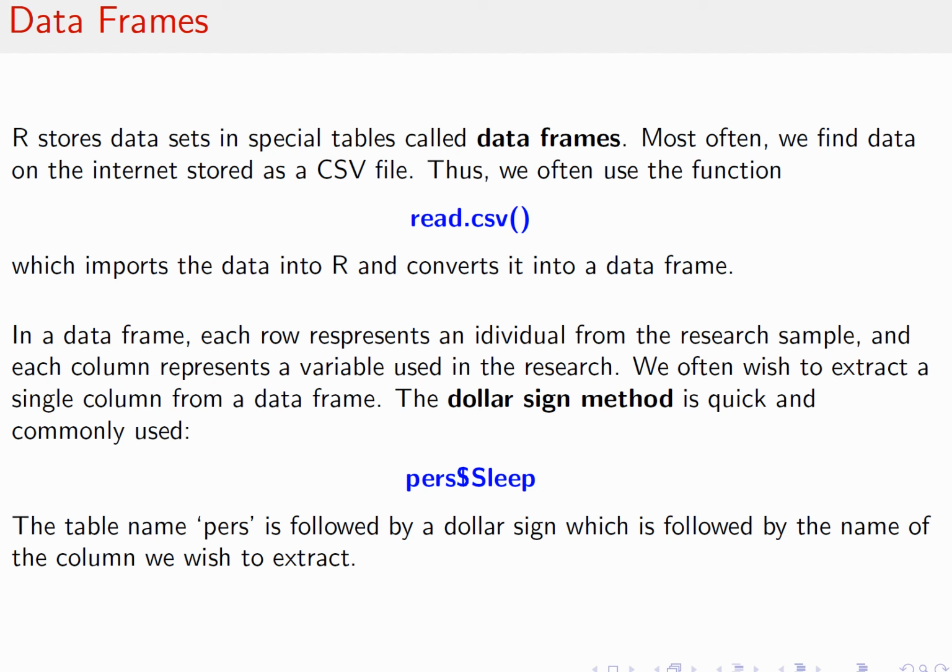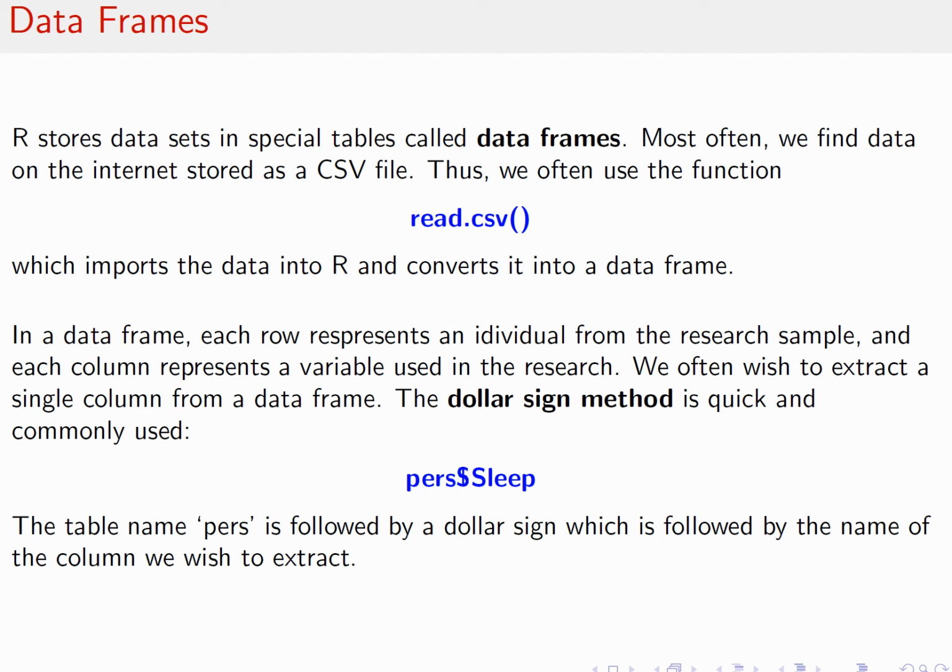And we've got a couple methods to do what we call extract a column. Why would I want to extract a column? Well, let's say that this research collected 30 different variables. Well, we don't want to analyze all 30 at once necessarily. We can extract a column and just focus on perfectionism, or we can extract a different column and focus on optimism.